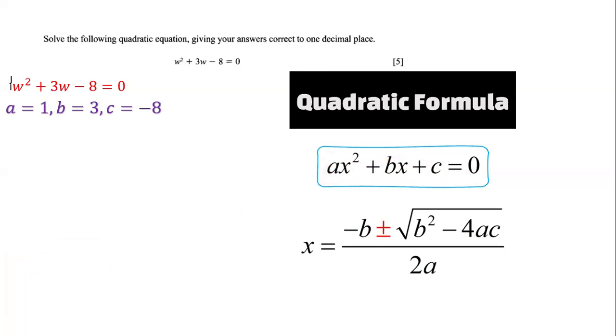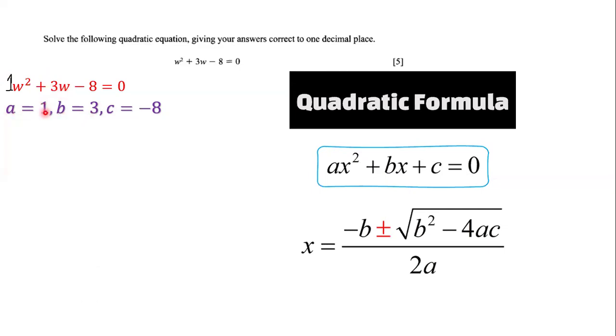Now a is equal to 1 because the coefficient of w squared, the number in front of w squared, is 1. And b is equal to 3 because the coefficient of w is 3.